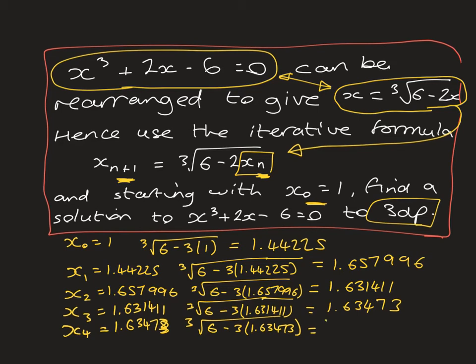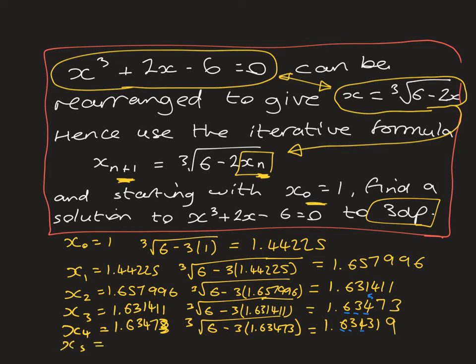What do we get? We get 1.634319. So can you see now that to 3 decimal places... Oh, no, it wouldn't actually, because to 3 decimal places that would round to a 5 and that would stay as a 4, so I still need to keep going.